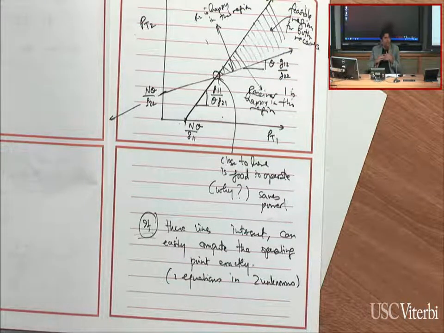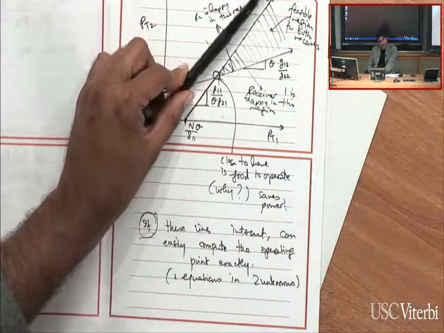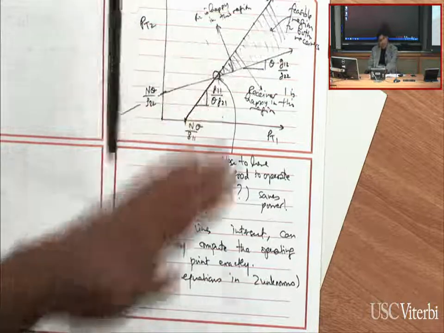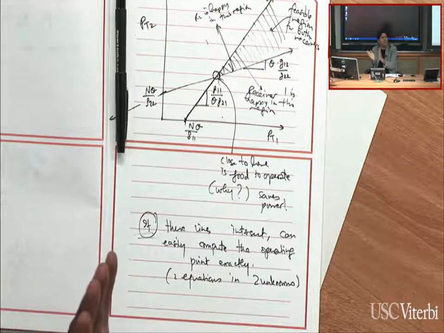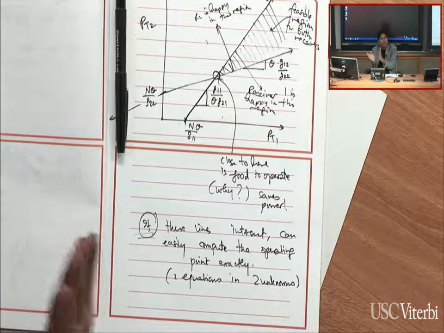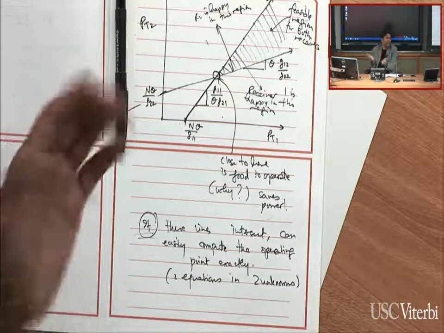Could it ever happen that these lines don't even intersect? Yes. And what would that condition be? Yeah, the slopes. See, if this slope was sufficiently high or this slope was sufficiently low, these two lines, instead of intersecting, might never intersect. Okay? So there's no guarantee that there must be a point at which the two lines intersect, because it can happen that they simply don't. Right?